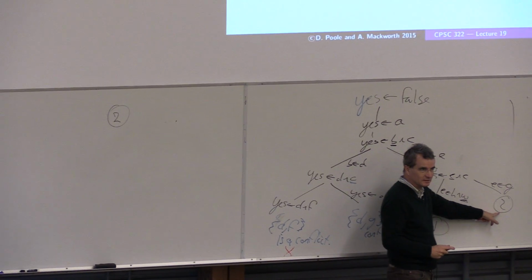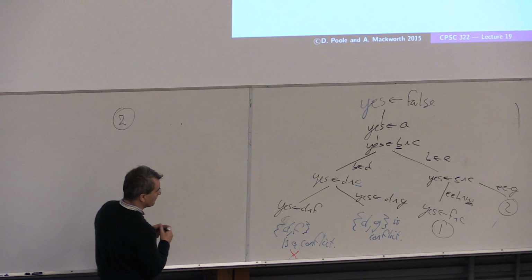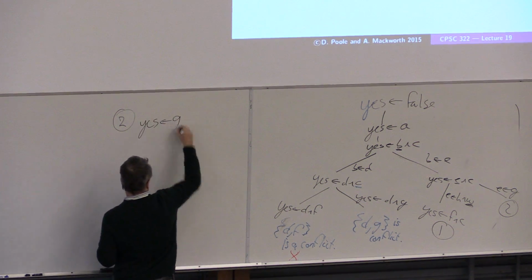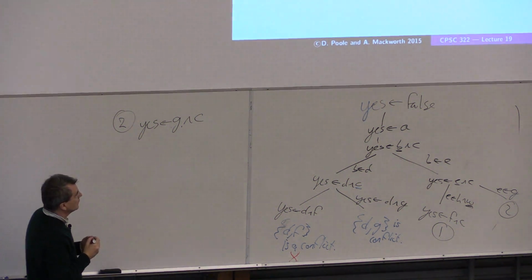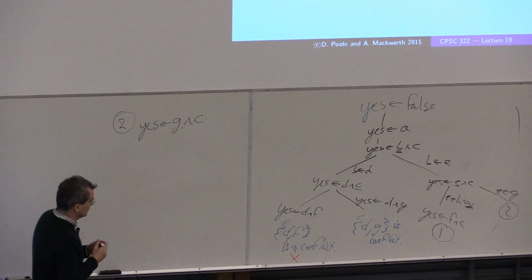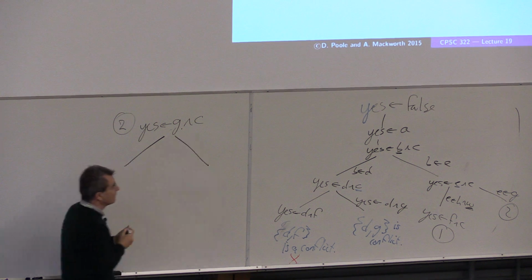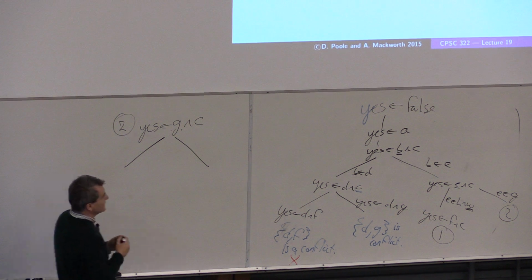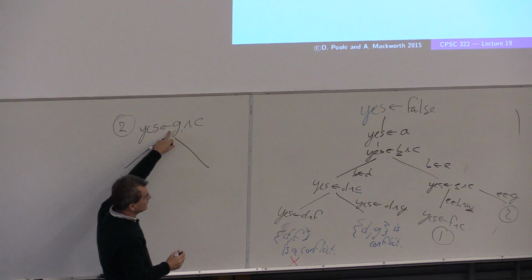What should be at this branch here? Yes, if G and C. We still need C. Right, we now have two rules for G. Right, so we now have yes, if. So we're going to select C.